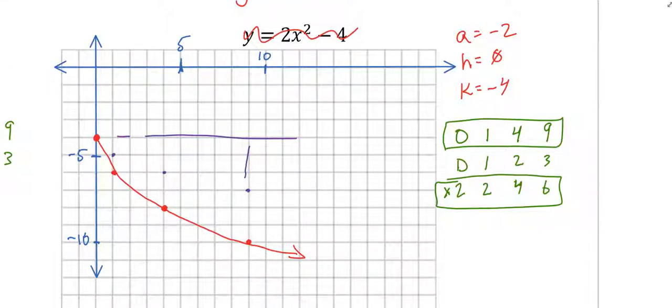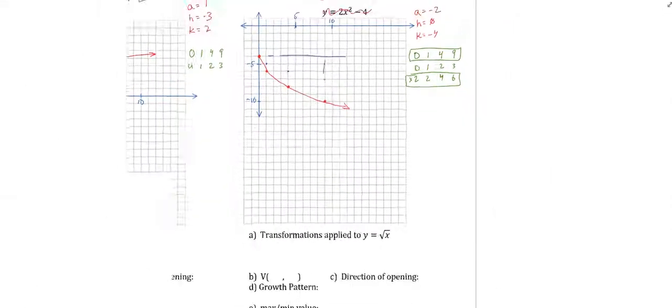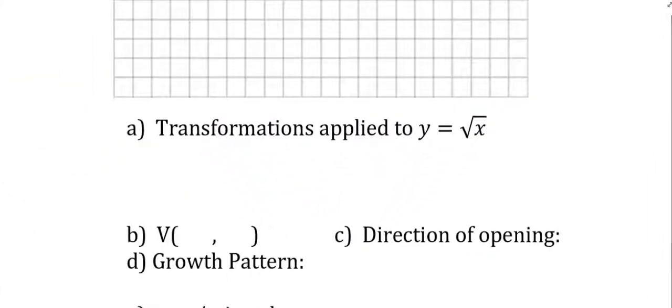So we've done this at least once, and then I'm going to let you try one and try some of that other review. So transformations applied to the square root of x. We had a reflection in the x-axis. We had a vertical stretch by a factor of 2.